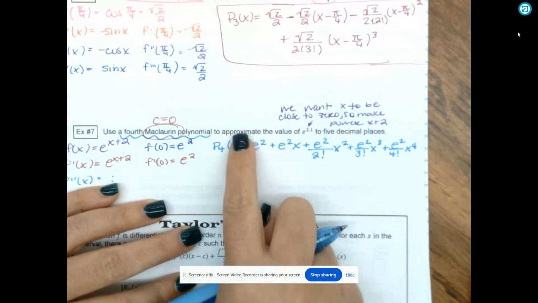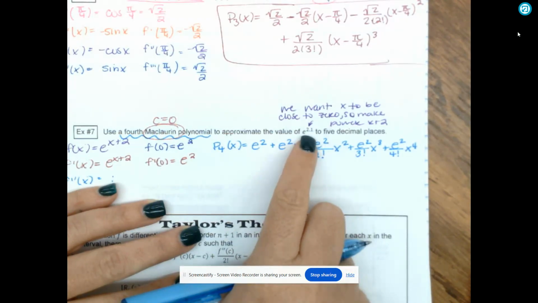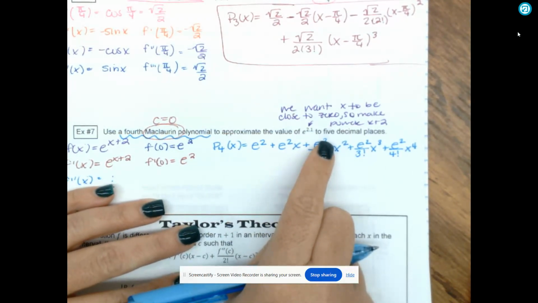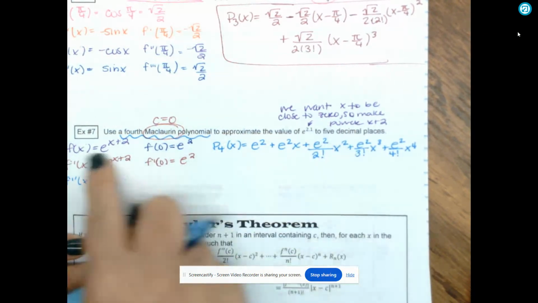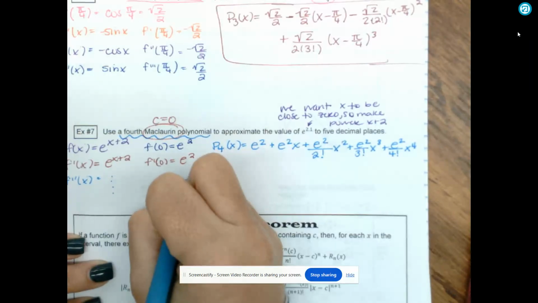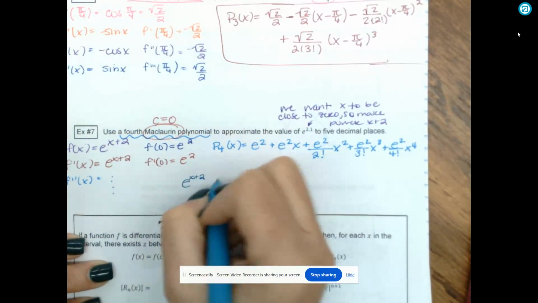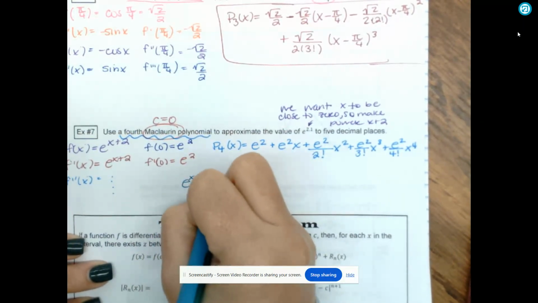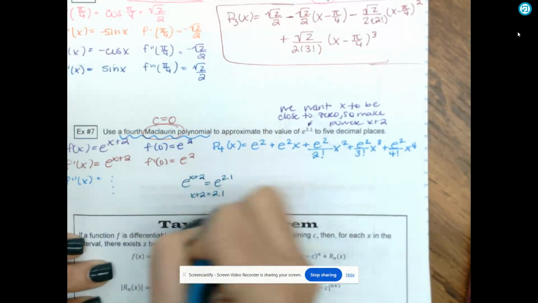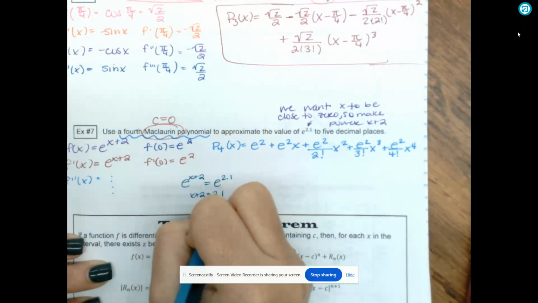Okay, and then they want us to approximate the value of e to the 2.1 to 5 decimal places. Well, if we're using the function that we chose over here, which was e to the x plus 2, so we know basically that x plus 2 is going to equal 2.1, so we need our x to be 0.1.